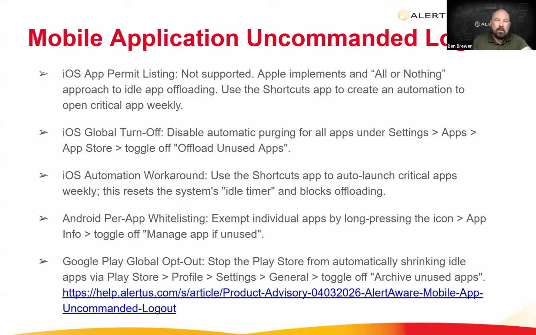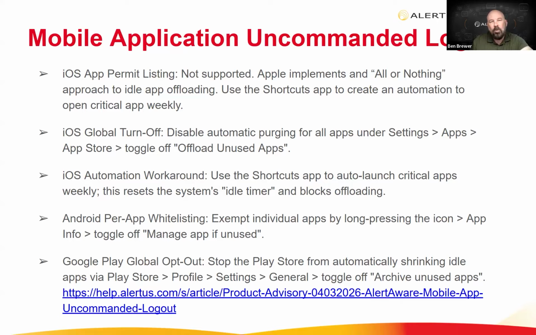So what you'll see in the updated product advisory that we published in the knowledge base are the step-by-step recommendations to build up a shortcut that will more or less just ping the AlertAware mobile app and make sure that it is not identified as being idle.